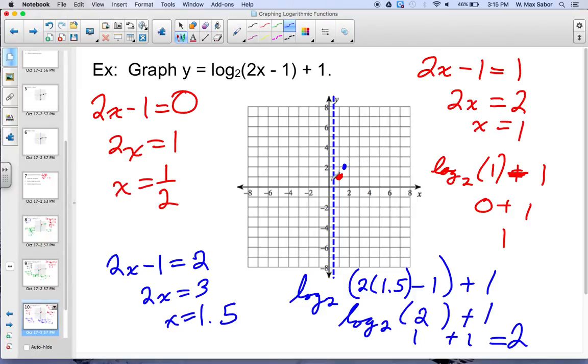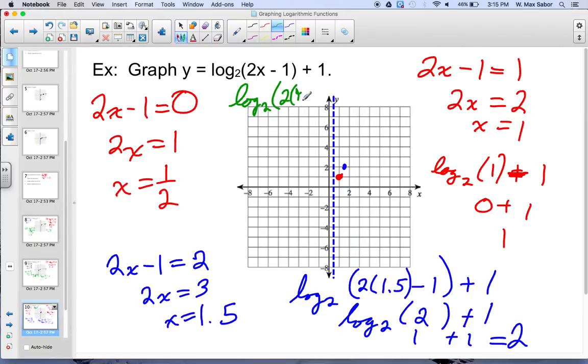I want to have a better idea of what this is going to look like, though, so I'm going to plug in a larger number. Let me plug in something that will work out well for us. Let me plug in 4.5. Why would I plug in 4.5? Well, if I plugged in 4, this would be 8 minus 1 is 7. But if I plug in 4.5, then this will be 9 minus 1. And that's 8. Why do I care about it being 8?